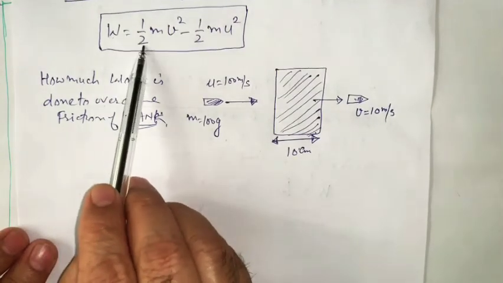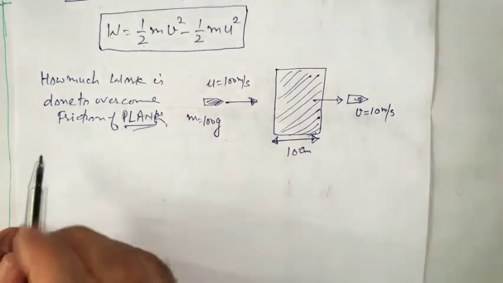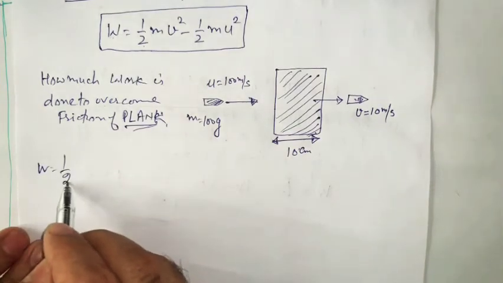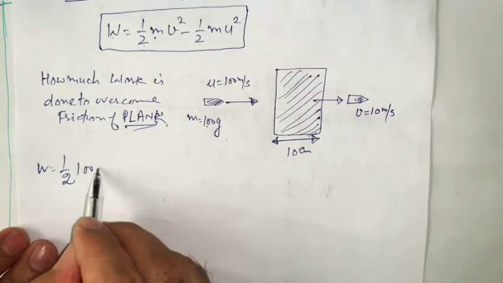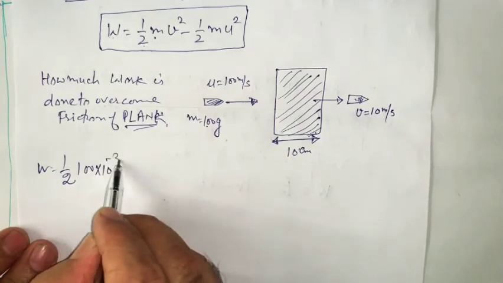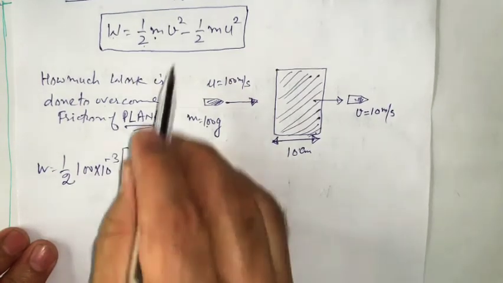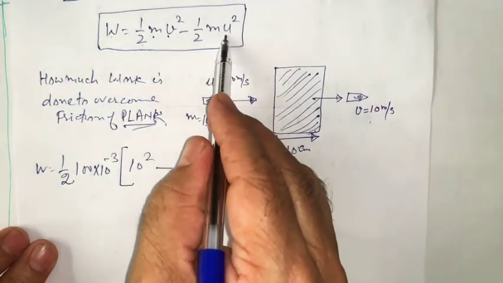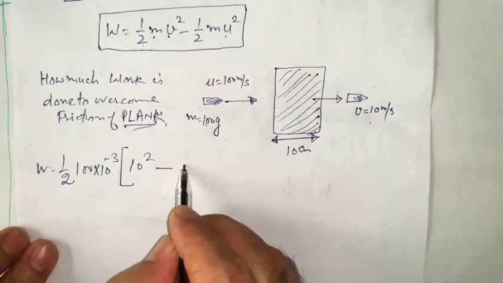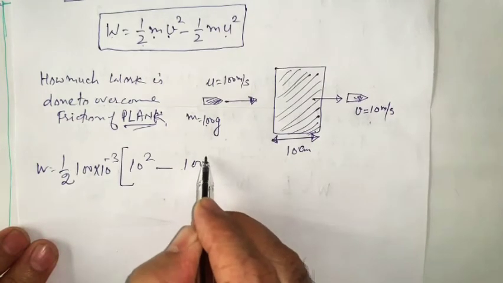Work is equal to half m, 100 gram changed into kilogram, that is 10 to the power minus 3, v final 10 squared minus u initial 100 squared.